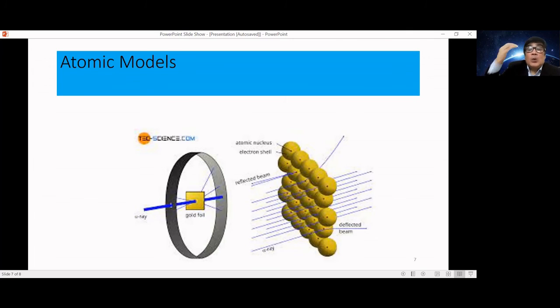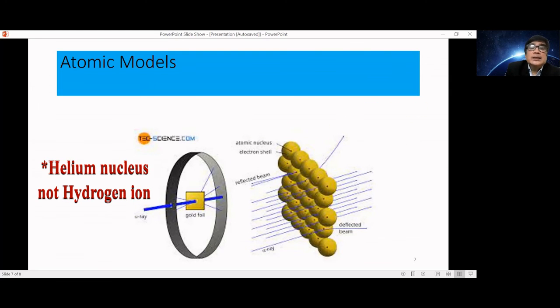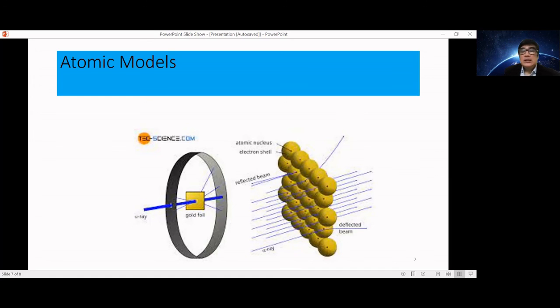That is 1 layer of atoms or a few layers for that matter. Each layer being 1 nanometer. And if we have very thin, we have 1 layer. And the source of alpha particles is basically helium ions. And the source is contained in a lead chamber so that it passes through the foil.